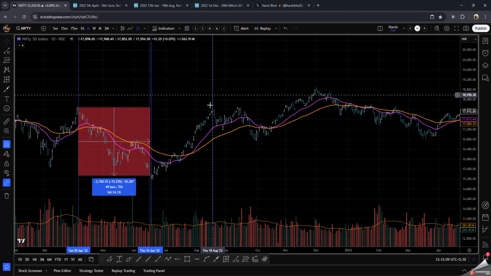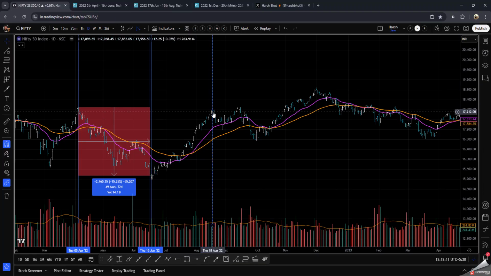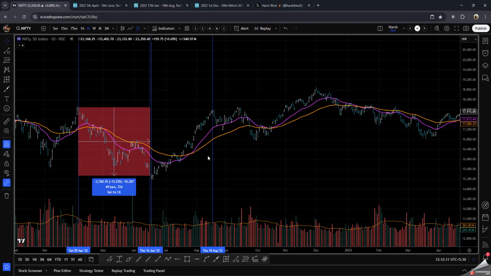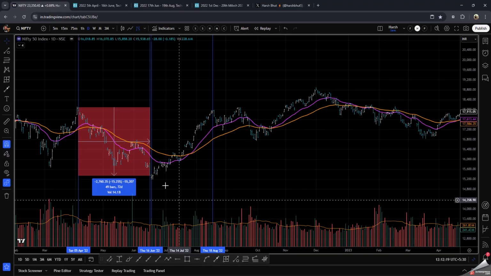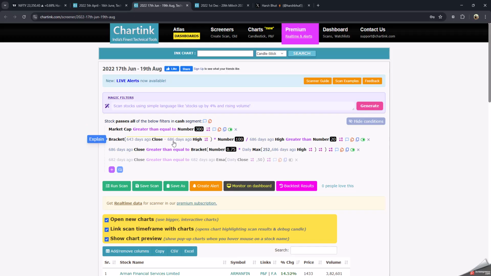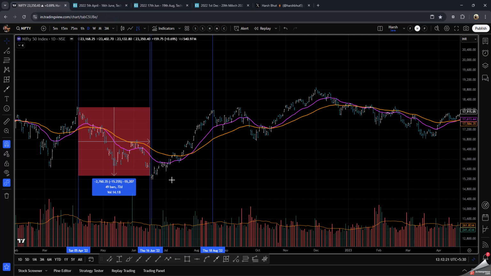If you calculate from the current date, the number of days is 643, and from the current date to 17 June, we have 686 days, right? So I'm writing 20%, the stock should give more than 20% return in this period, right? That is the first condition which needs to be satisfied.